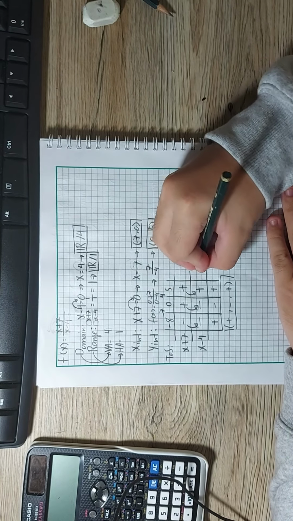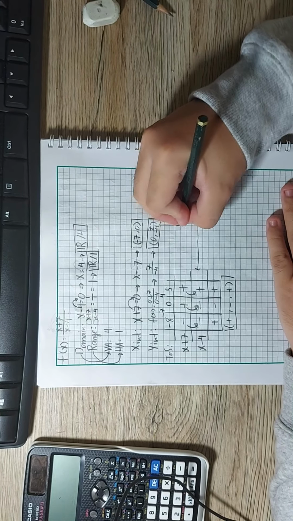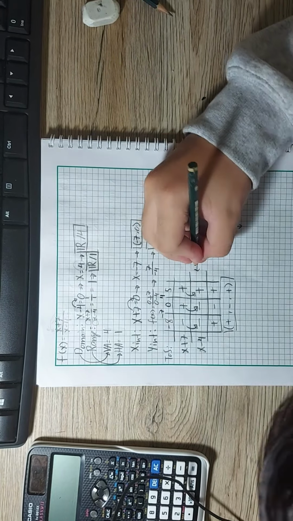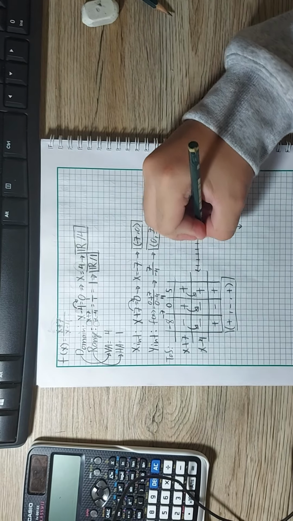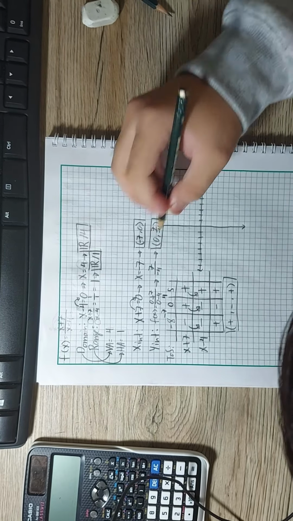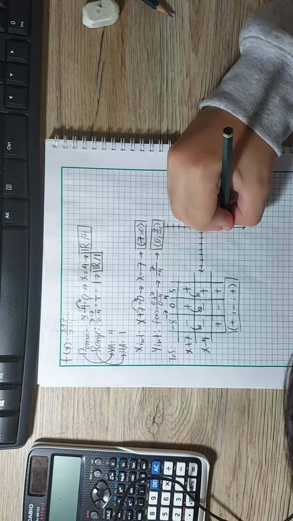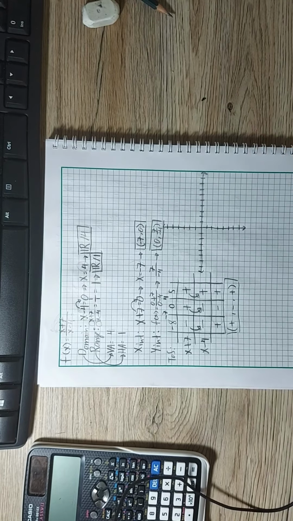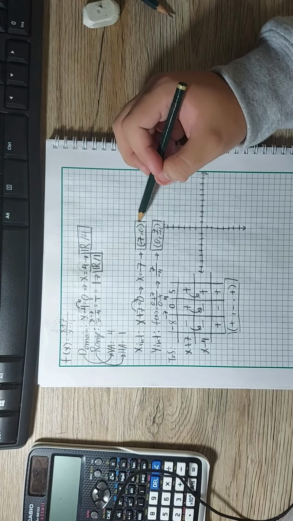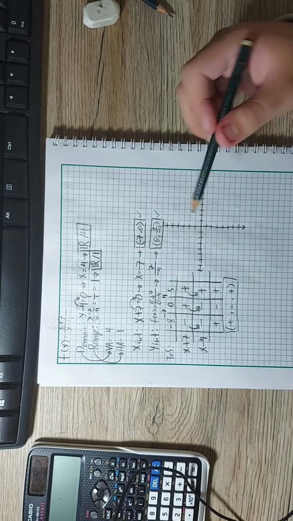Here we go. Let's just make a thing over here. I don't think it really matters if the spacing is equal or not. The points that we're going to use are the x and y-intercepts.